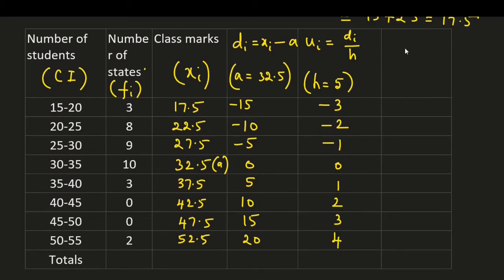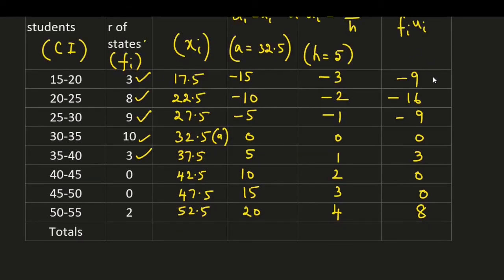Now in this column, let us write the product fiui. 3 into minus 3 is minus 9. 8 into minus 2 is minus 16. 9 into minus 1 is minus 9. 10 into 0 is 0. 3 into 1 is 3. 0 into 2 is 0. 0 into 3 is 0. 2 into 4 is 8.